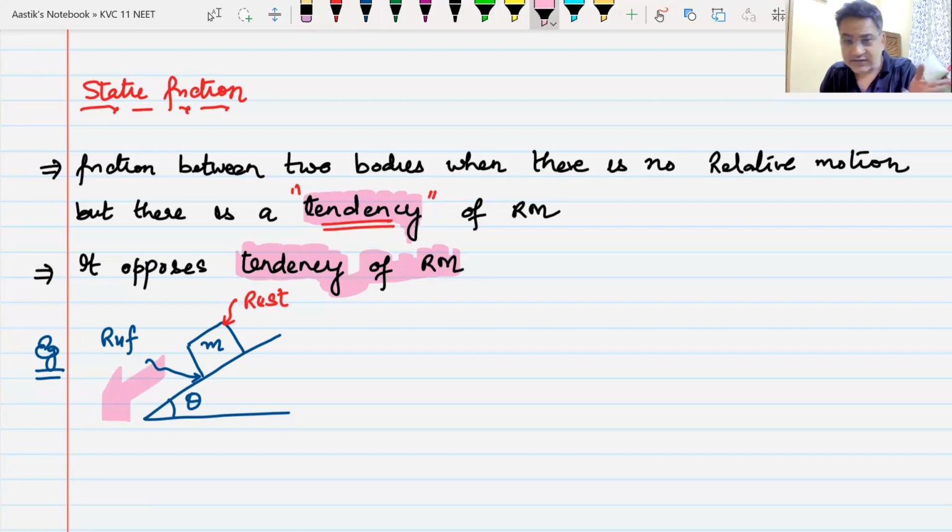It wants to move in this direction, but it is not moving. So there must be something that is stopping it. What is the thing that is stopping it from moving? That thing is known as... That thing which is stopping it from moving is what?